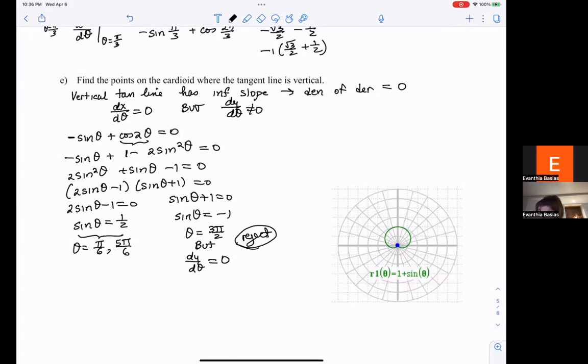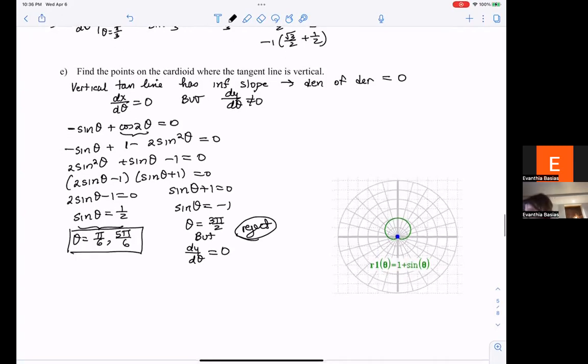So here are the angles at which this cardioid has a vertical tangent. So pi over 6 is here. This is theta equals pi over 6. Well, part of the line anyway. And 5 pi over 6 is here. Wait, I'm just trying to make sure I'm looking at this correctly.